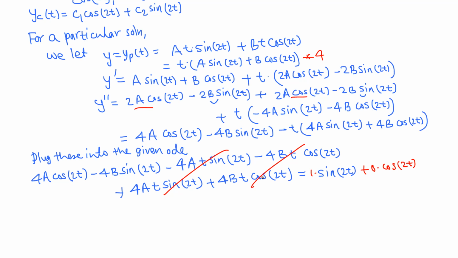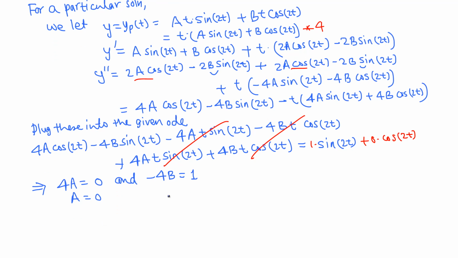Now when we equate the coefficients, 4a should be equal to 0 because that's the coefficient of cosine, and negative 4b should be equal to 1, the coefficient of sine 2t. So 4a equals 0 means a equals 0, and b equals negative 1/4.